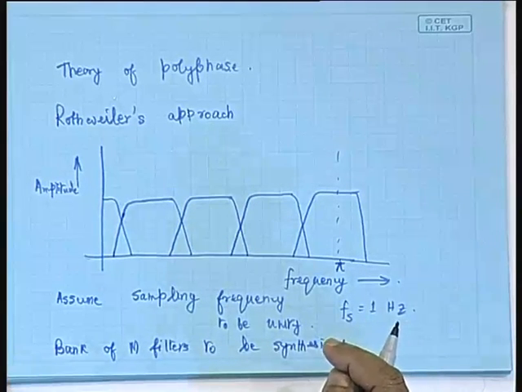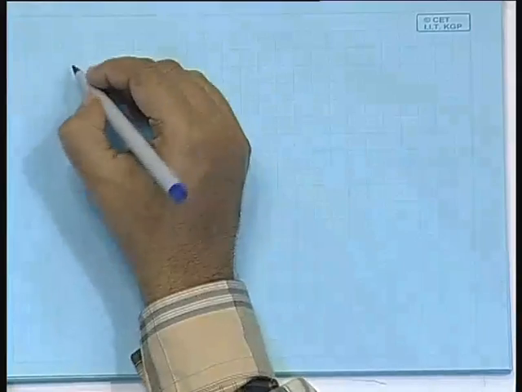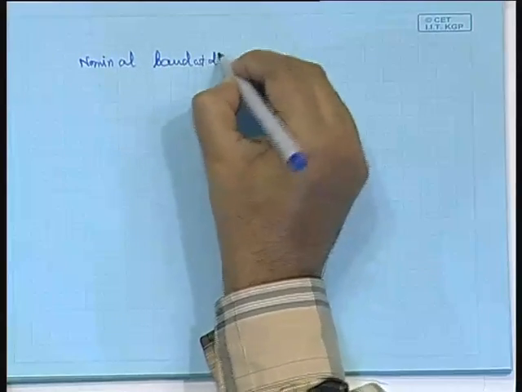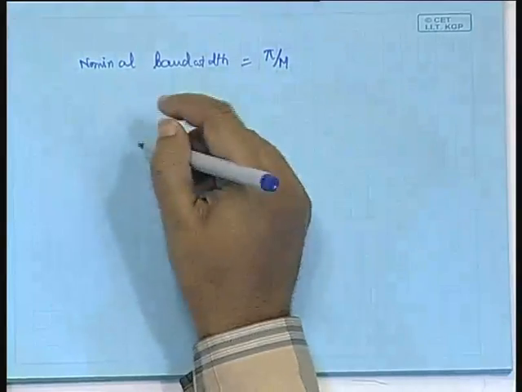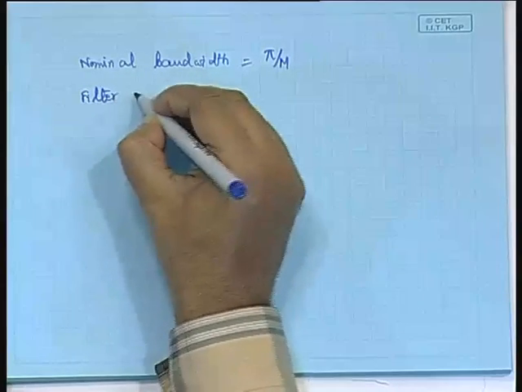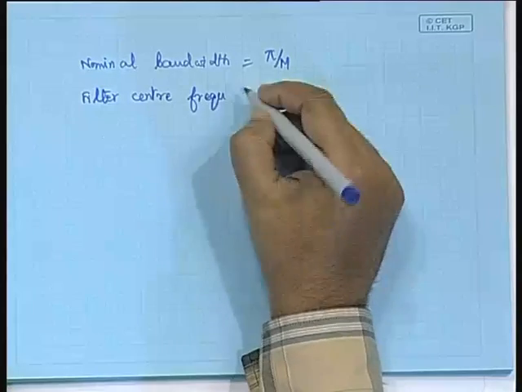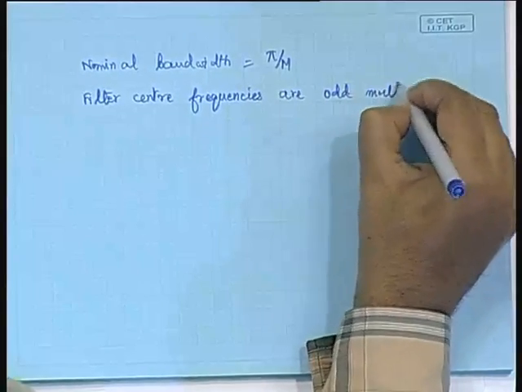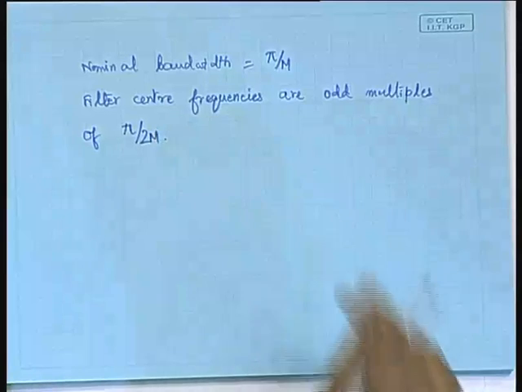So, what is the nominal bandwidth for each of the filters? The nominal bandwidth for each of the filters is going to be pi by M, and the filter center frequencies are odd multiples of pi by 2M.